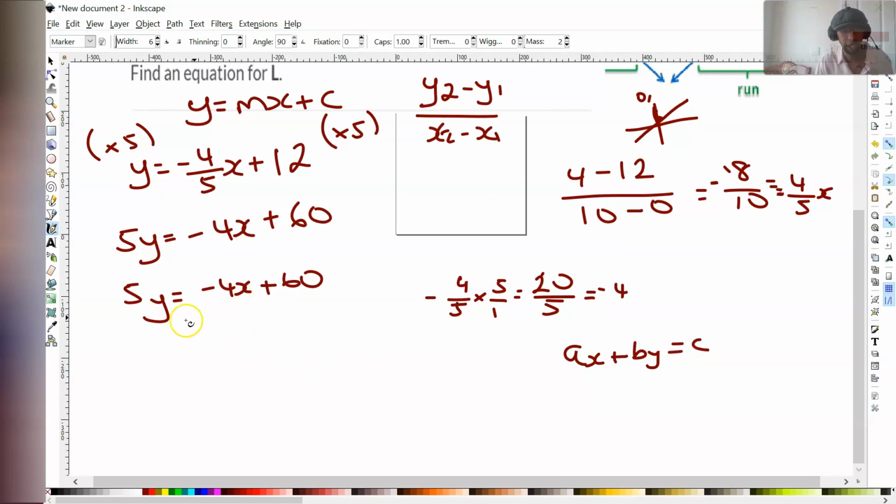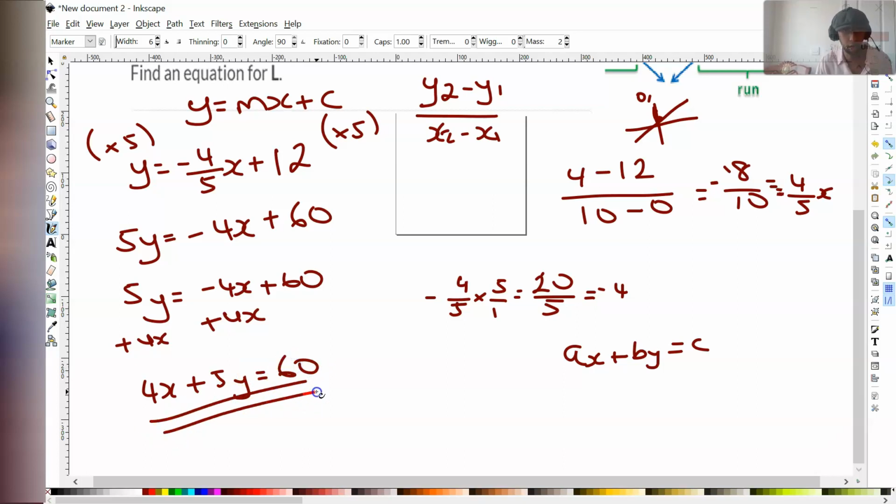So I need to have my variables together. In order to do that, I would add 4x to both sides, and that will give me 4x plus 5y equals 60. So there is your answer that I think you expected to enter.